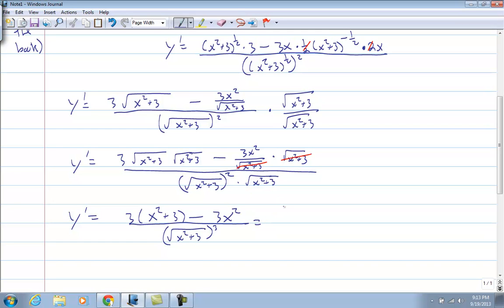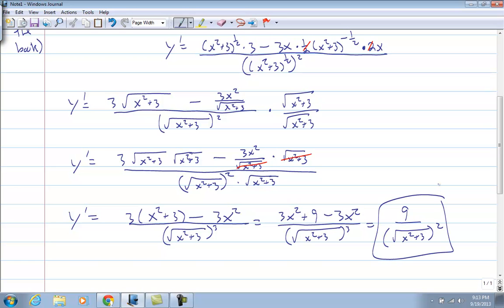If I distribute this 3, it's 3x squared plus 9, 3 times 3 is 9, minus 3x squared over the square root of x squared plus 3, cubed. 3x squared minus 3x squared is nothing, leaves 9 over the square root of x squared plus 3, squared, and that is the answer.